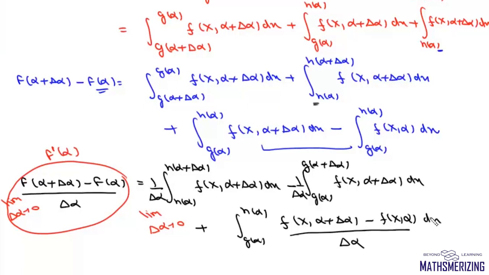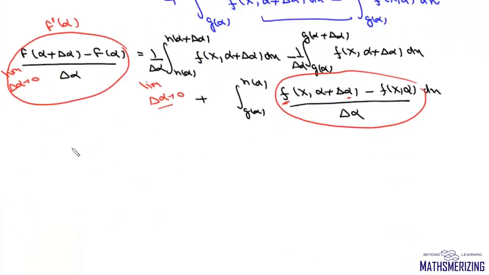Now if we look at this third integral, the limit of f(x, alpha plus delta alpha) minus f(x, alpha) upon delta alpha dx, this is nothing but the partial derivative of f with respect to alpha. So now we can write this as f dash alpha, and it'll be equal to, I'll write this one first. So this is nothing but the partial derivative of f with respect to alpha.